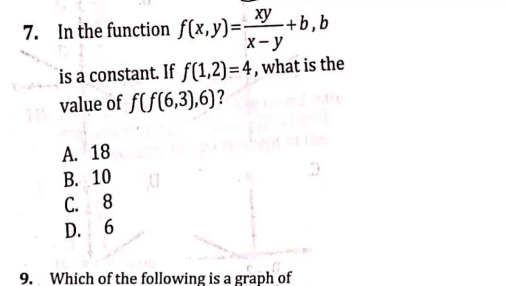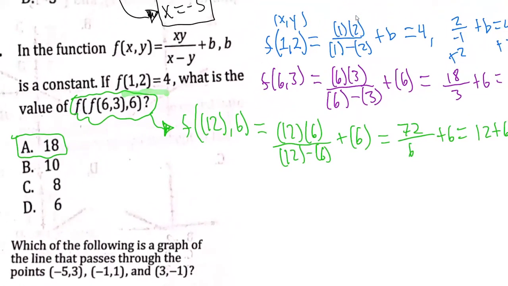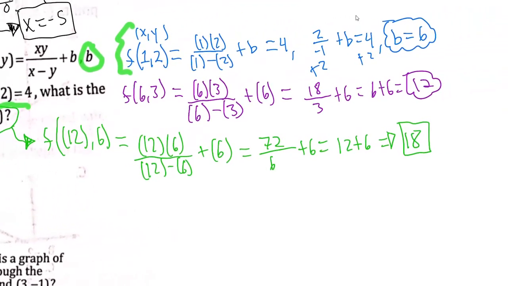So I'm going to do some prep work and then just guide you through it. Here we go. All right, so this is how you set it up. First we use f of 1 comma 2 equals 4 to find what our b value is. Here in the blue is that first step.